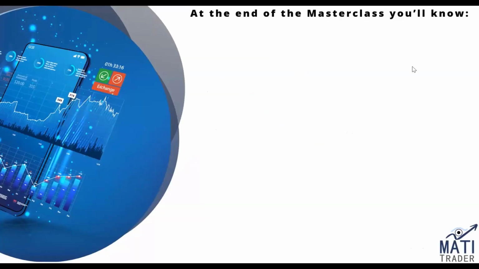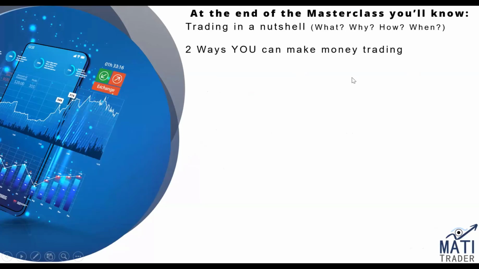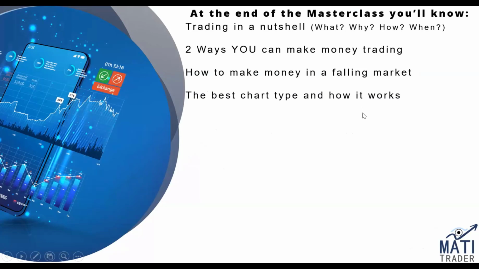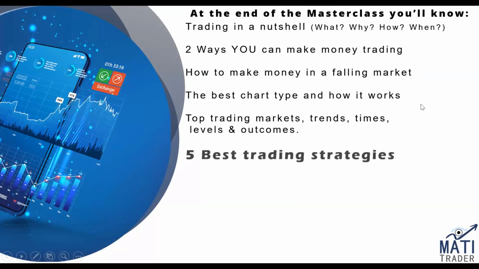So at the end of this masterclass, you will know trading in a nutshell: what, why, how, when. Two ways you can make money trading, how to make money in a falling market, the best chart type and how it works, top trading markets, trends, times, levels, and outcomes, and the most important, the 5 best trading strategies.